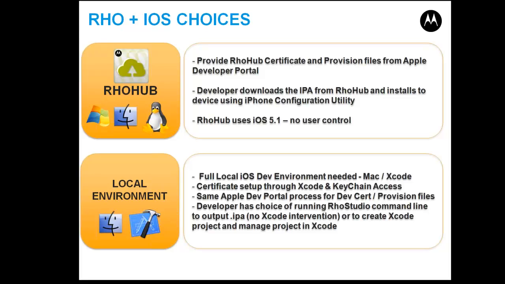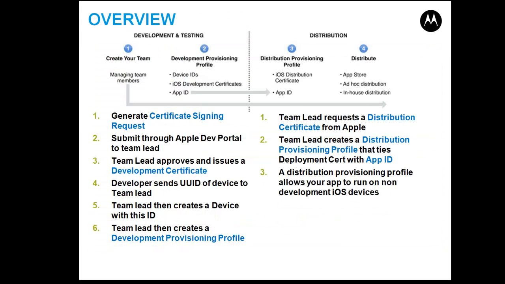It spits out those provision files. And then you have a choice of either creating an iOS app using a single command, a rake command for RhoStudio applications without having to go into Xcode, which is nice. And then kind of the next level up would be, let me just create an Xcode project, and I want to go into Xcode and actually do that. So we provide kind of three different ways to build for iOS. I'm going to focus on the easiest, what I think is the easiest, in using RhoHub.